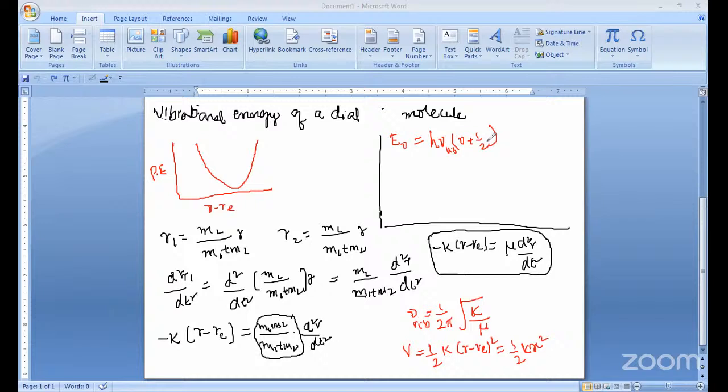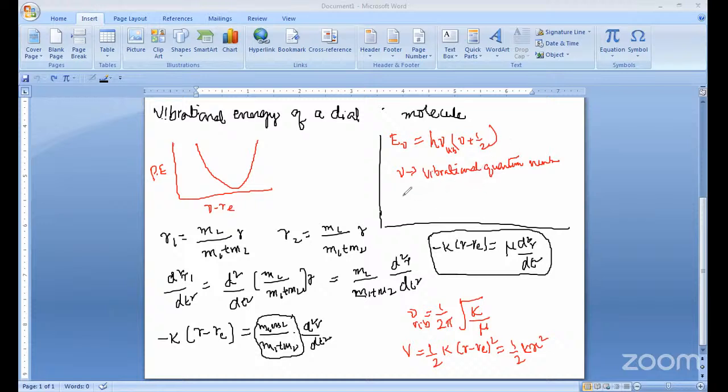So this gives the allowed energies for the harmonic oscillator. Understand? Allowed energy for the harmonic oscillator. And this v is called the vibrational quantum number.